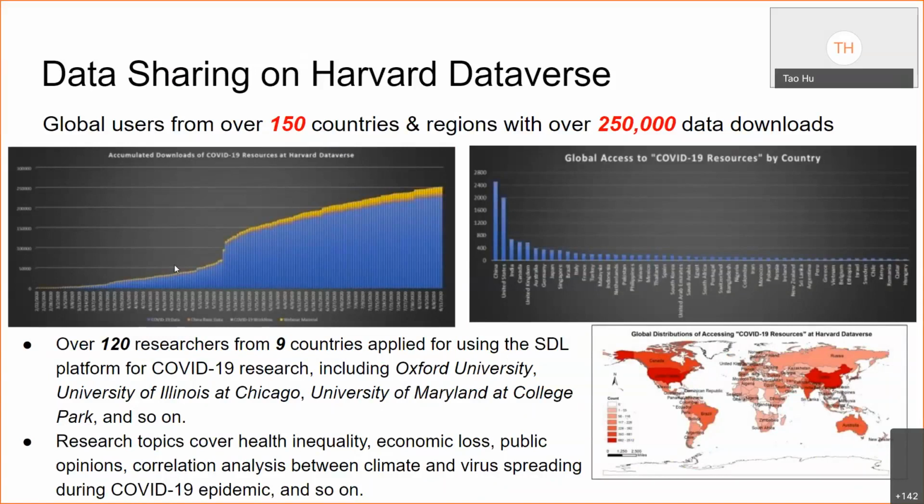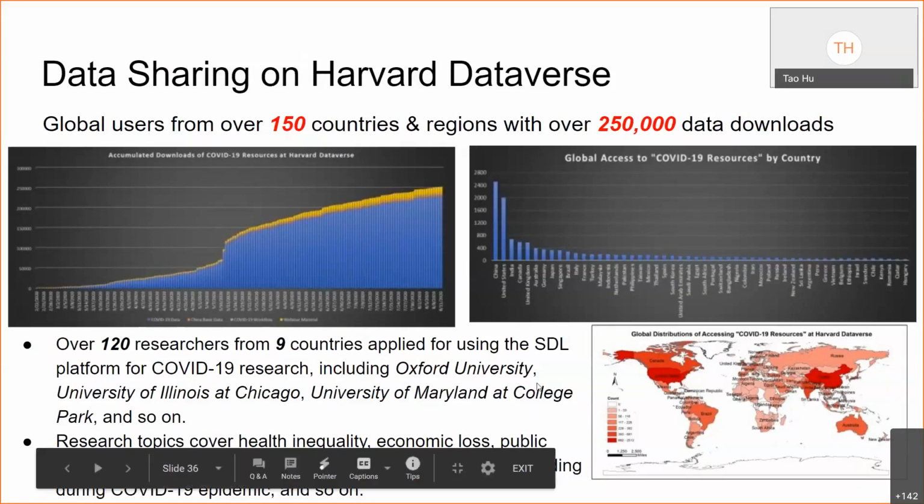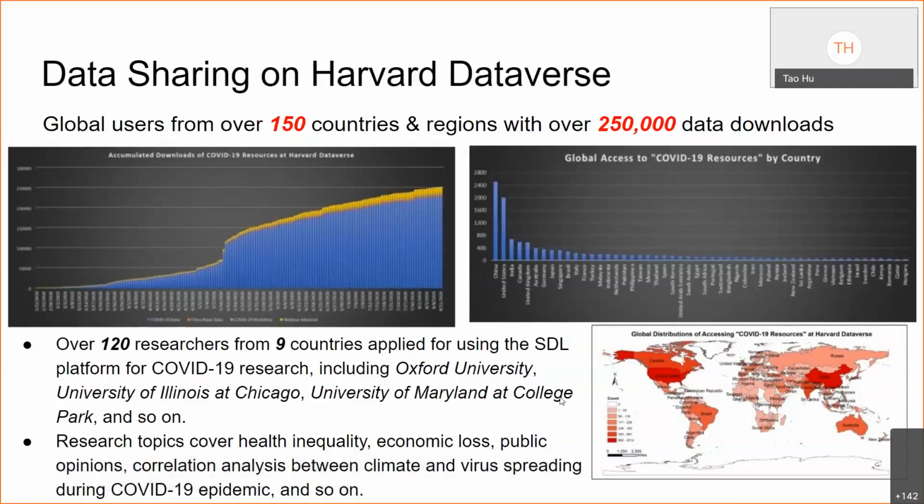Over 100 researchers have also applied to use our SDL platform for COVID-19 research. The research topics cover health equality, economics, public opinions, and also virus spreading.